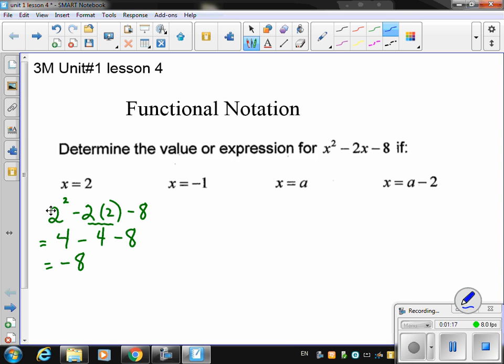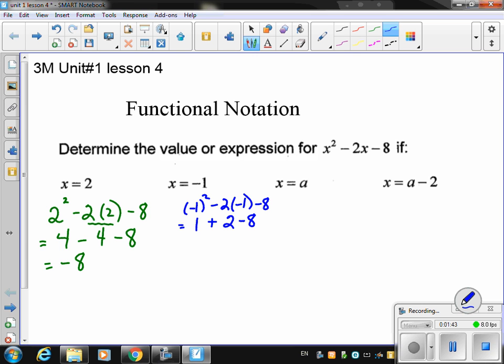The value of the expression when x equals -1, I put a -1 in for x. So I have, and brackets are your friends, -1 squared. Subtract 2 times -1. Subtract 8. That is +1, because -1 times -1 is 1. A negative times a negative is a positive. 2 times 1 is 2.